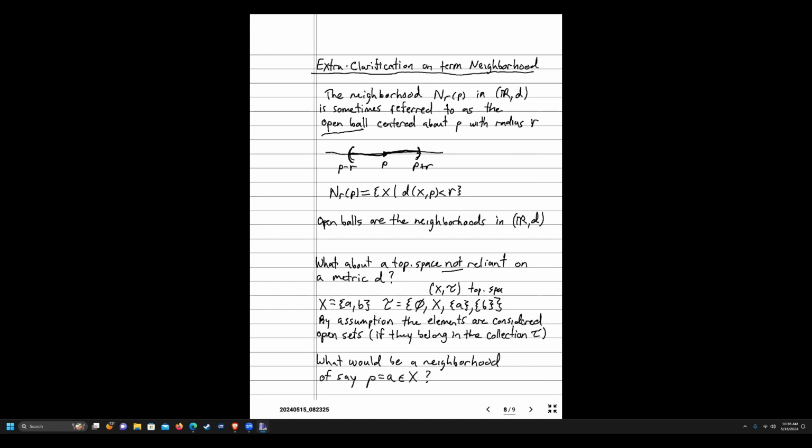So the elements are considered open sets if they belong in this collection tau. What would be a neighborhood of, say, the point P equals A, which is part of X?